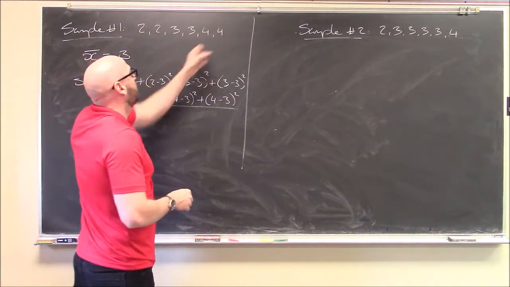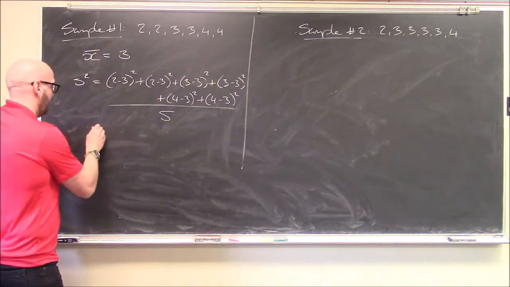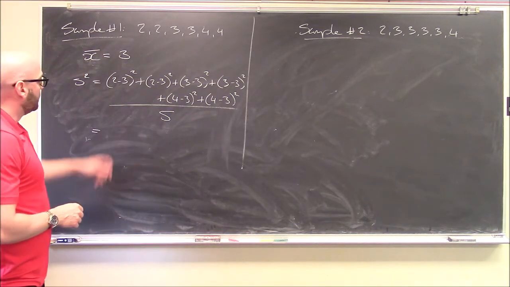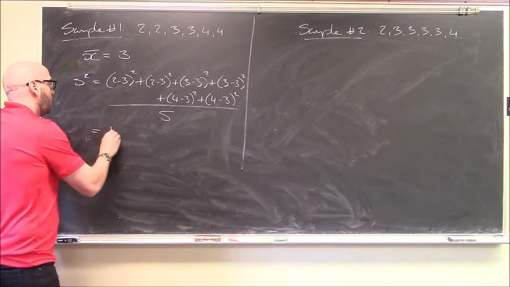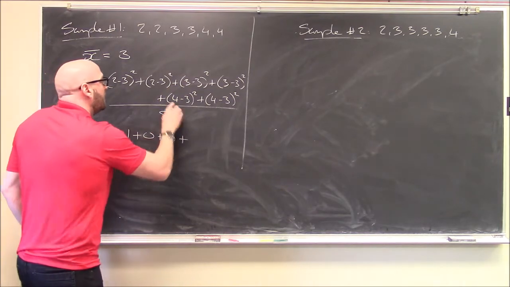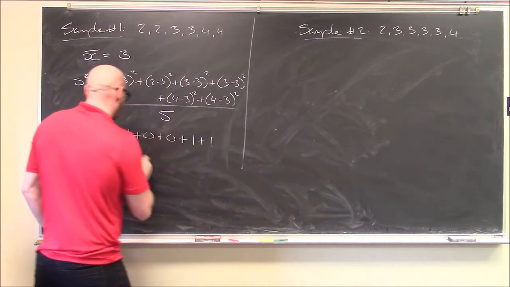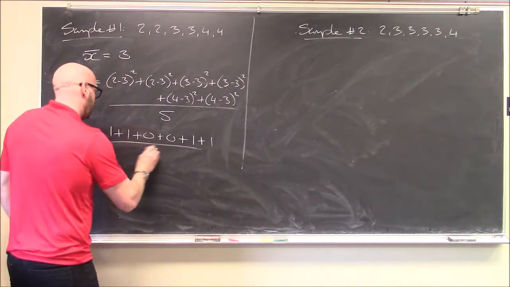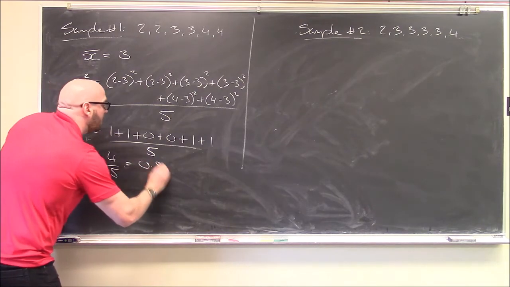So n is 6, I divide by 5. This actually looks pretty simple. This is minus 1 squared, which is 1. So I've got 1 plus 1 plus 0 plus 0 plus 1 plus 1 over 5. So that's 4/5 or 0.8.